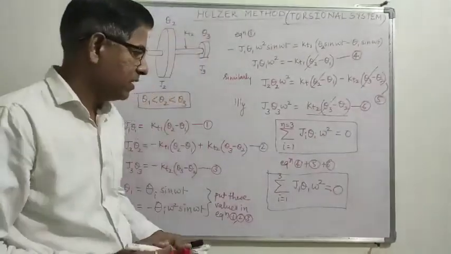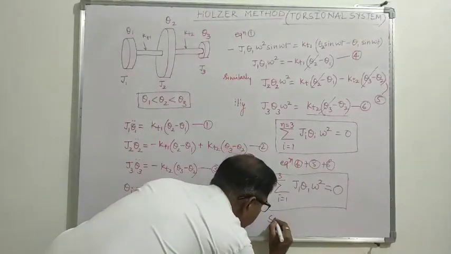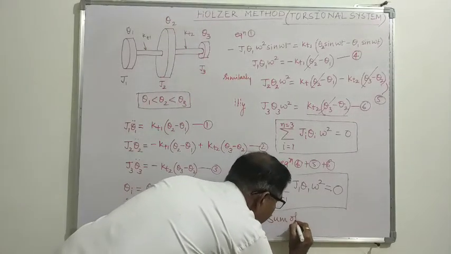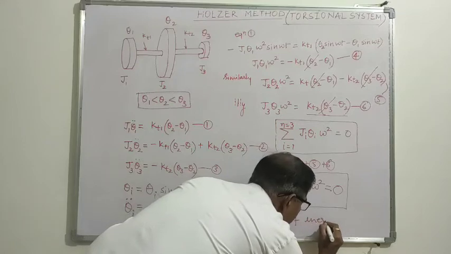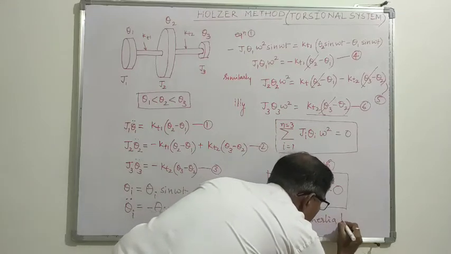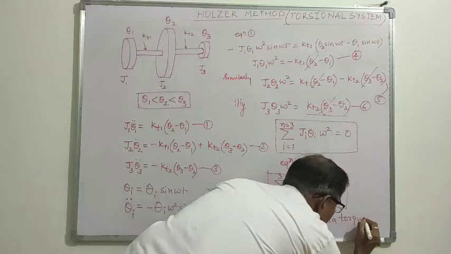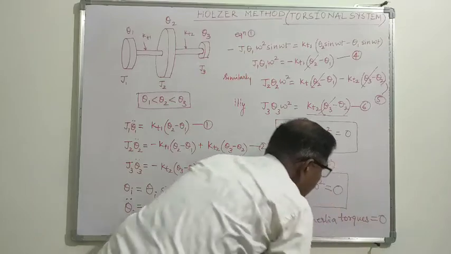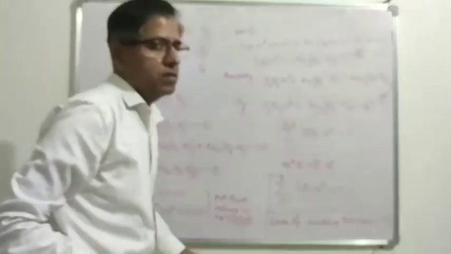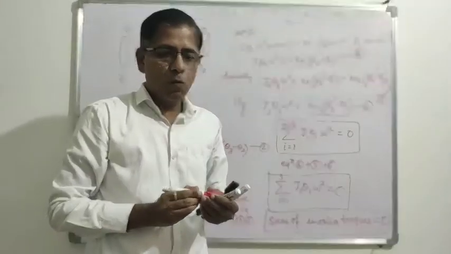It says that the summation of inertia torques is equal to 0. So this is the principle on which the Holzer method works.